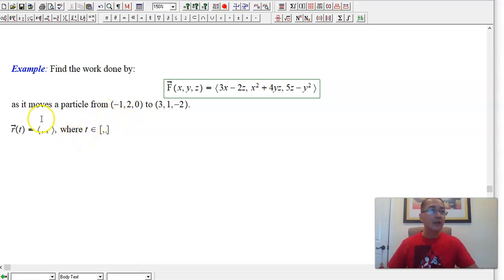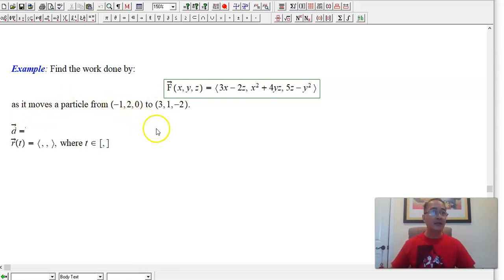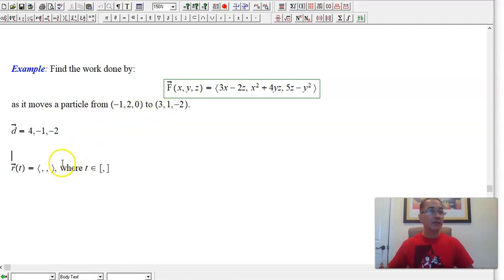Remember what to do? We need a displacement vector. So 3 minus 1 gives us 4. 1 minus 2 gives us -1. -2 minus 0 is -2. So that's our displacement vector. We start here and we finish here.